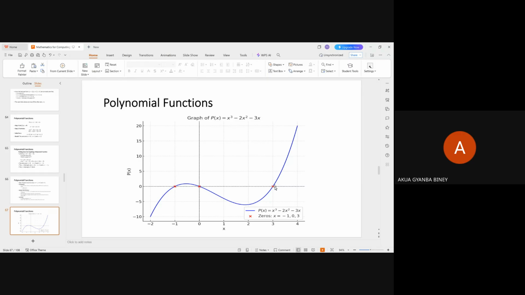Now, because they were all of odd multiplicity, they cross the line. If you are coming from down, you will cross. If you are coming from up, you will cross. Because it is of odd multiplicity. Now, as x approaches positive infinity, it would increase.